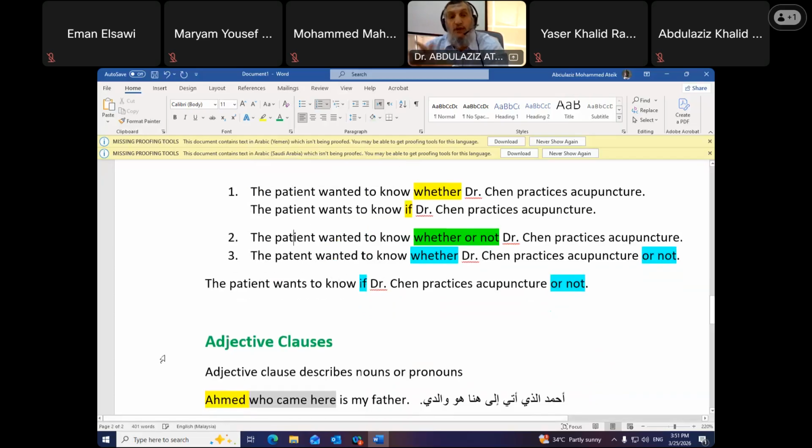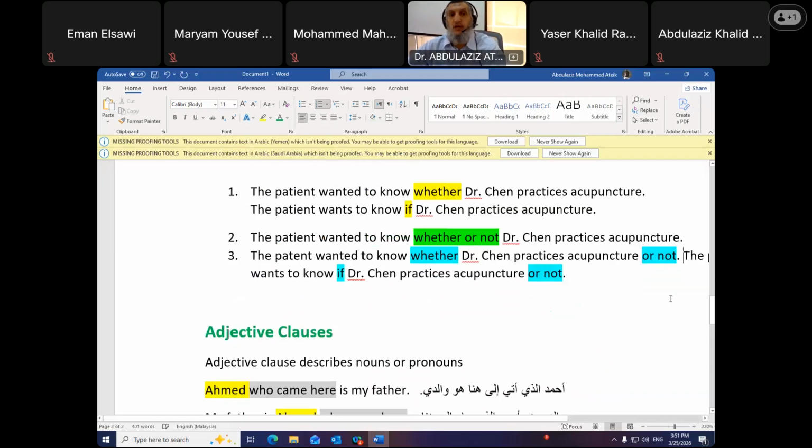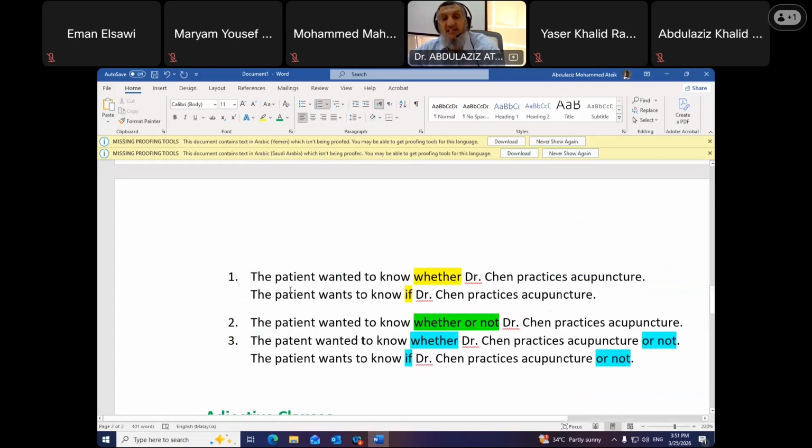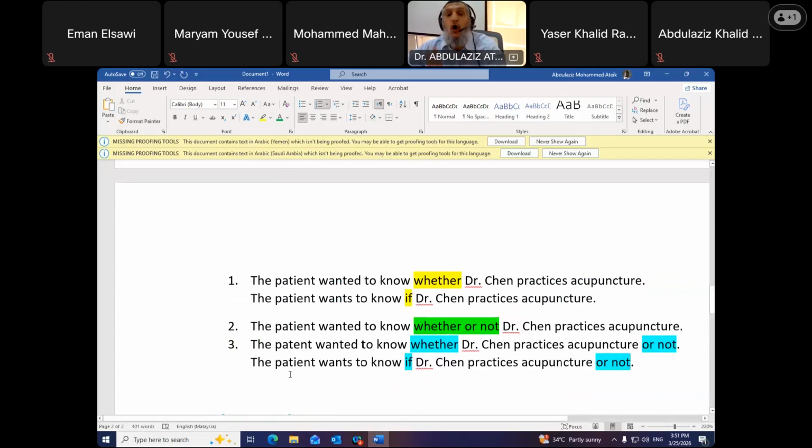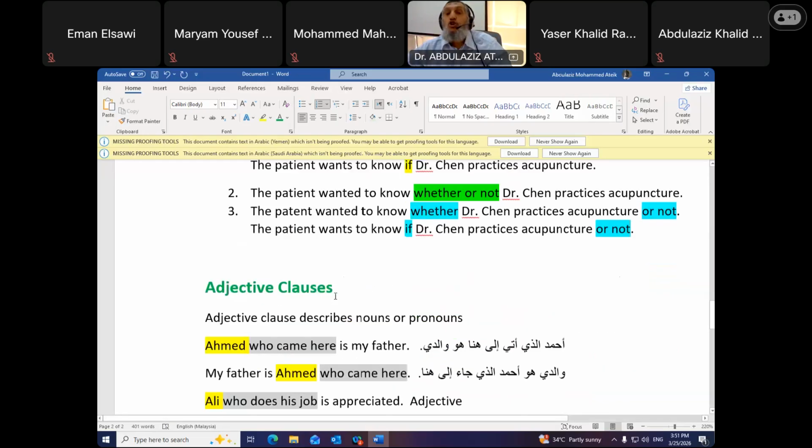Okay, so number 1 and 3 are similar to each other. Number 2 is the only difference. So we can use if and whether in the same way. The patient wants to know whether Dr. Chen practices acupuncture or not.